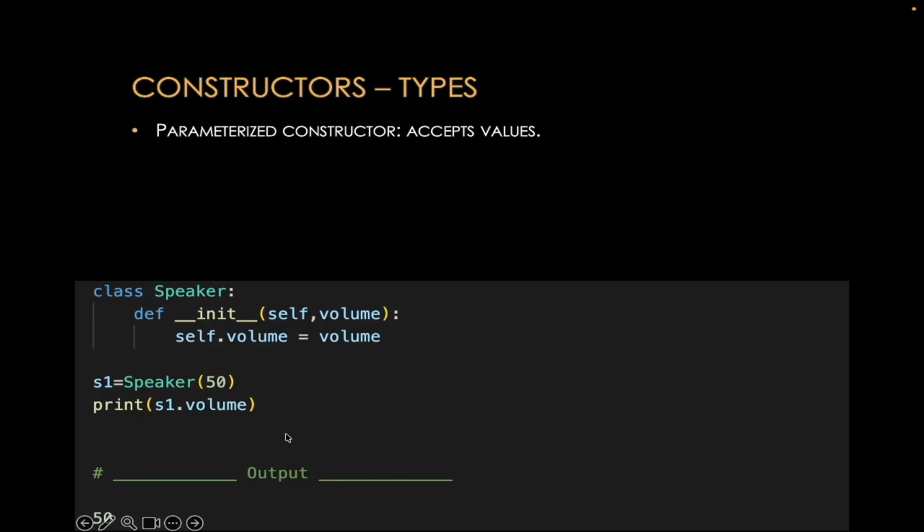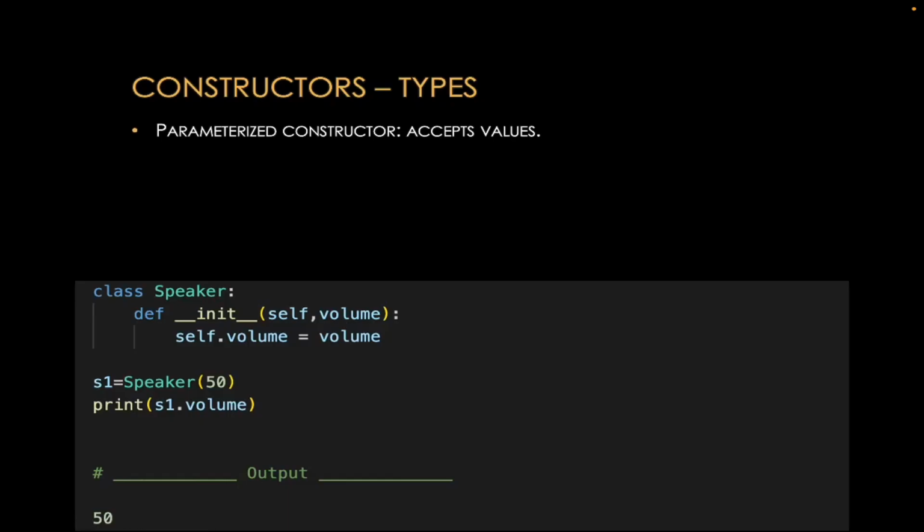There are two types of constructor, parameterized constructor and default constructor. A parameterized constructor accepts a value when we are creating our object. We can see here there is a Speaker and we are passing a value 50. This 50 value will be set in the volume. So there is one value which we need to pass.